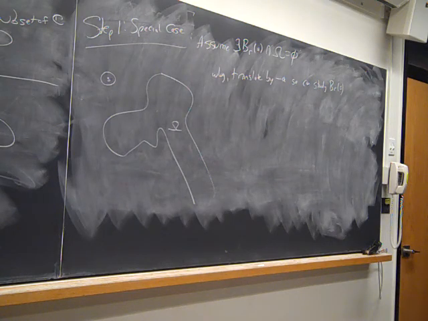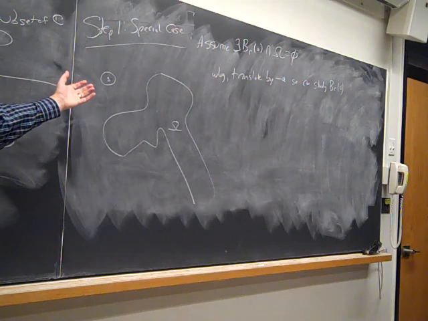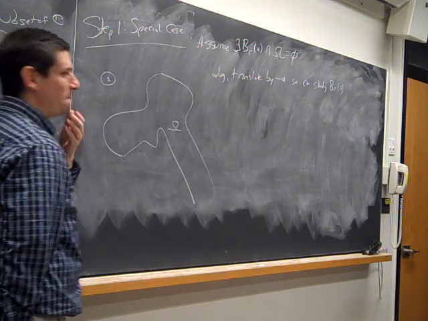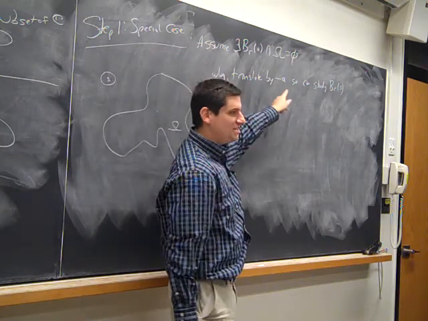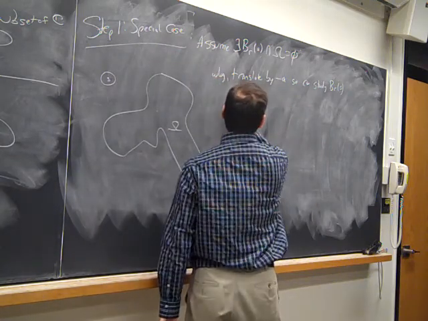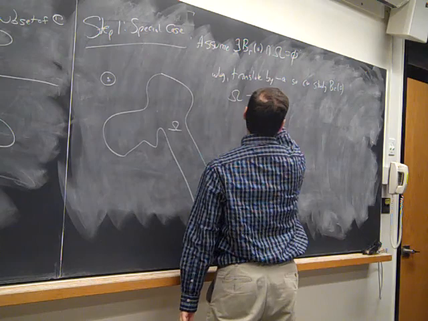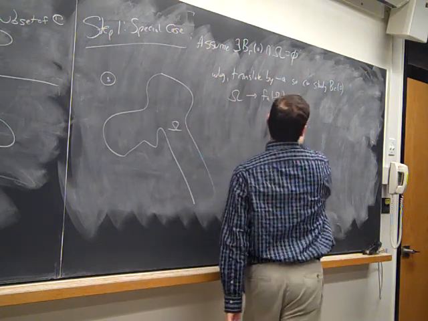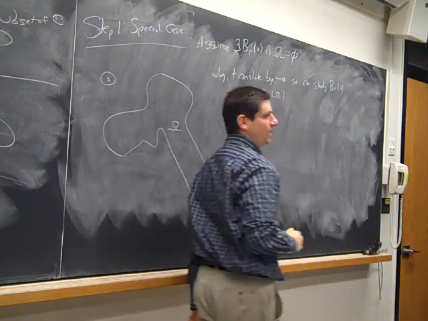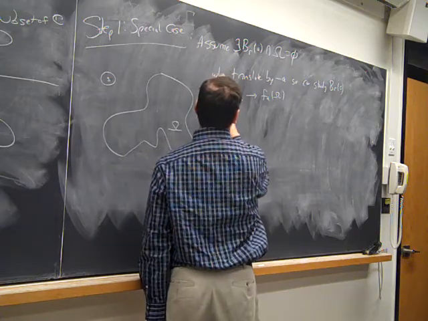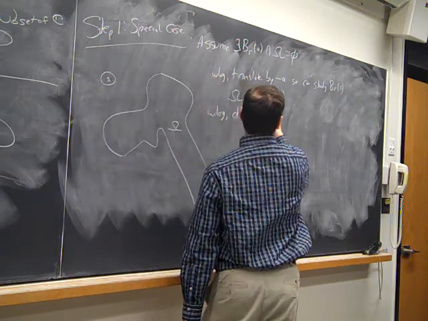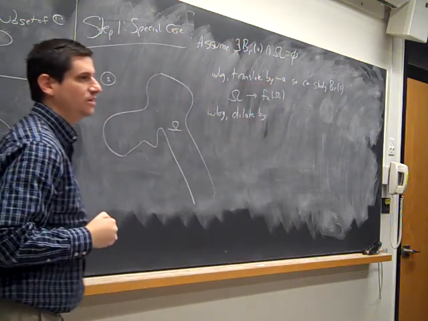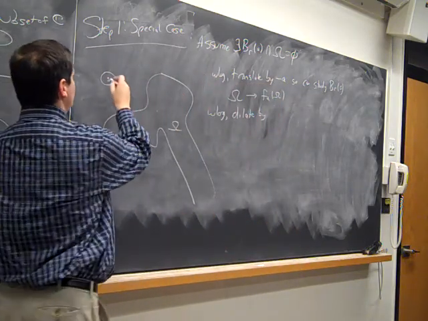Why would you like 1? I'm trying to map into the unit disk. But you can't assume that. Well, but now what I can do is I translated by minus A. I first sent omega to, we'll call it omega minus A, which I just translated by A. So now let's dilate. Without loss of generality, dilate by what? Whatever the original radius was, r.